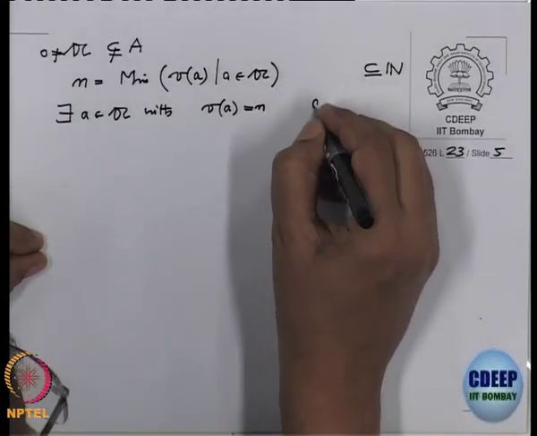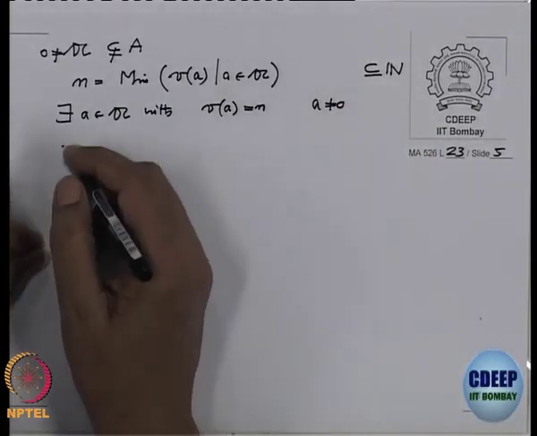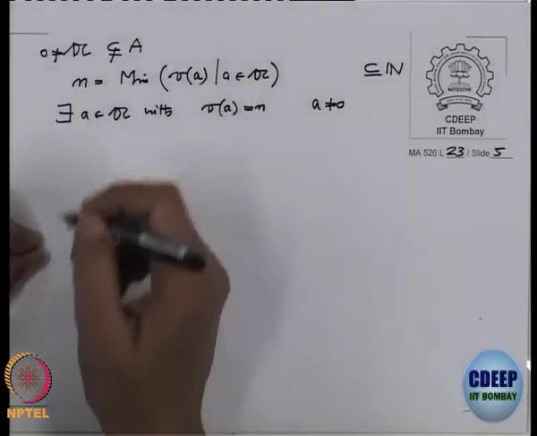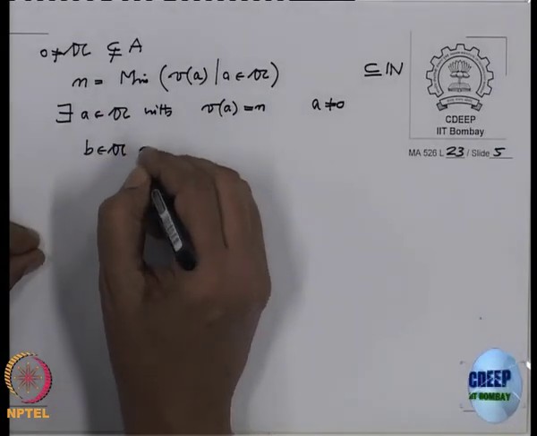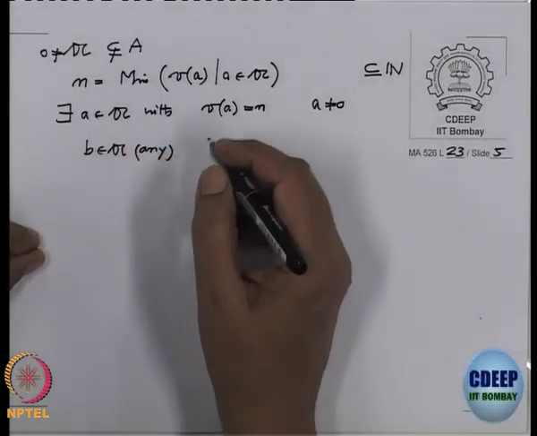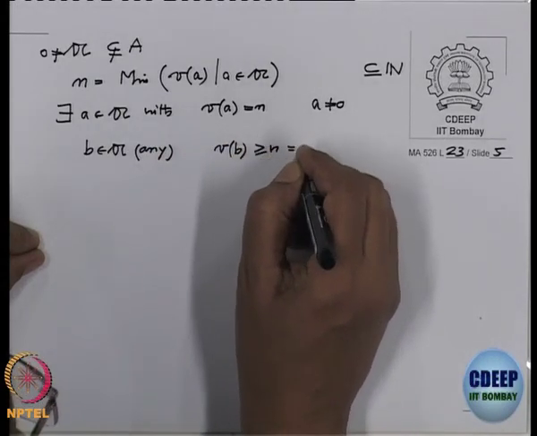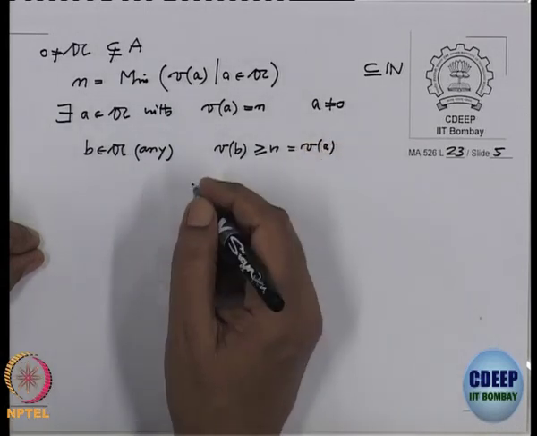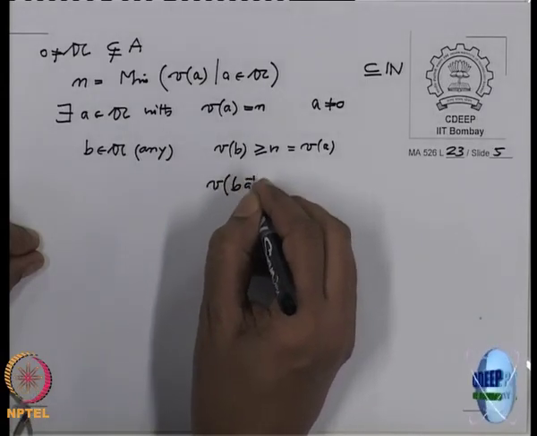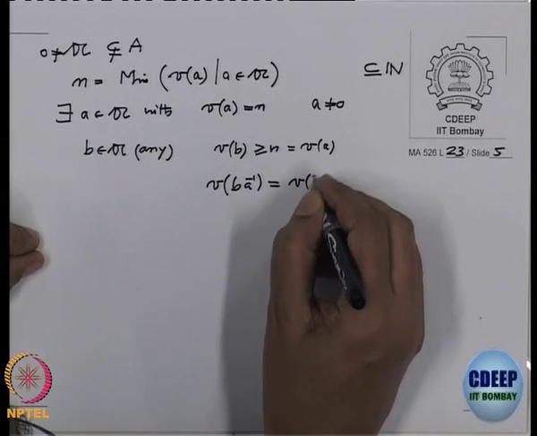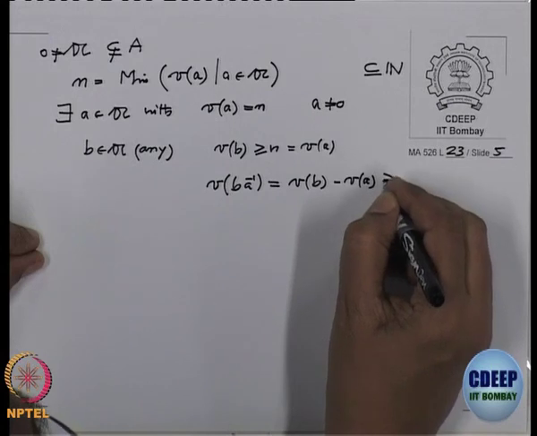But then a cannot be 0, and now you choose an arbitrary b. I want to show that this a is the generator of the ideal 𝔞. So, take any b in 𝔞, and then look at V(b). V(b) is bigger or equal to n, which is V(a). Therefore, by the group homomorphism property, V(b a inverse), which is V(b) minus V(a), is bigger or equal to 0.